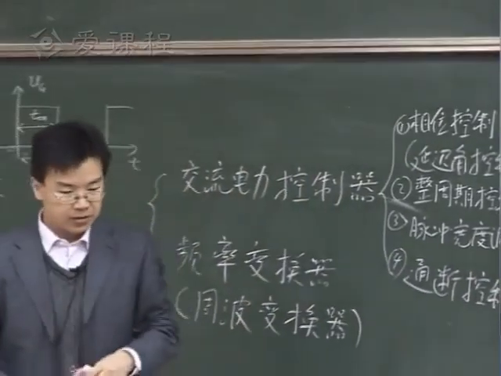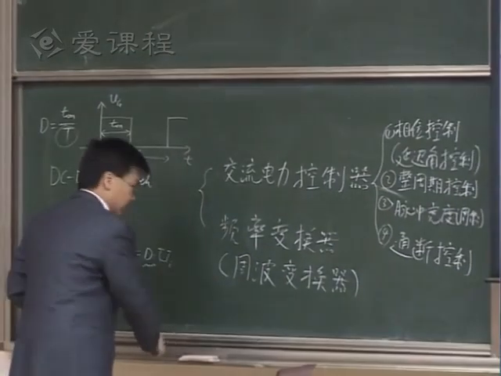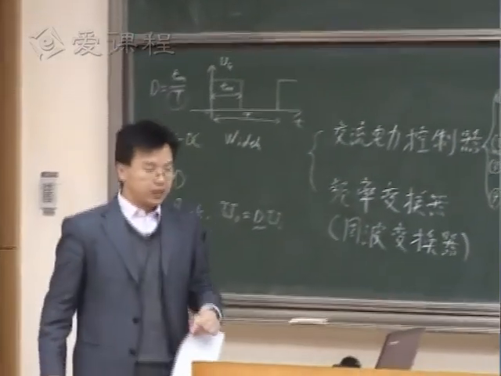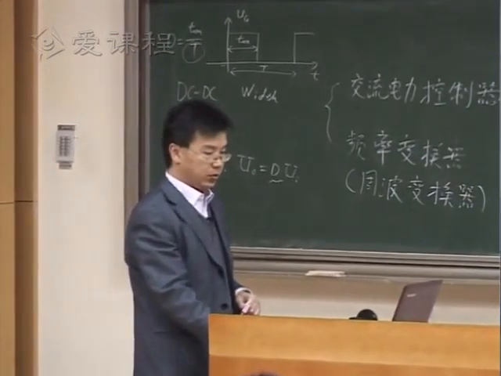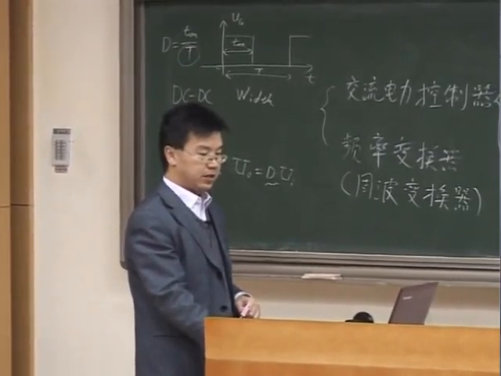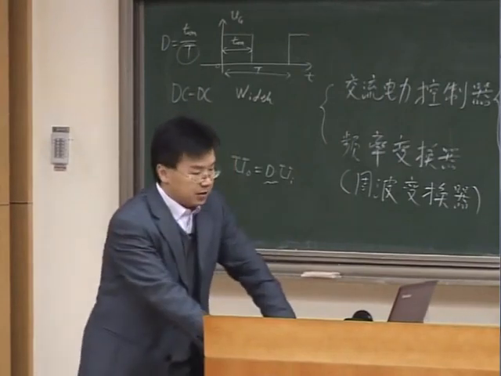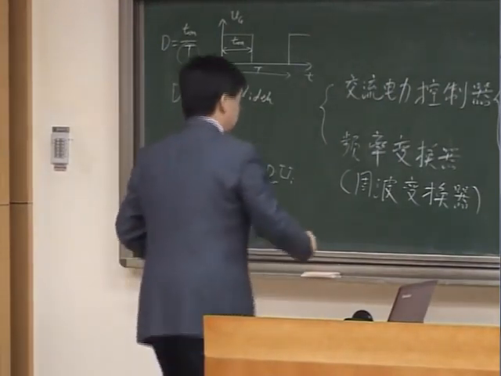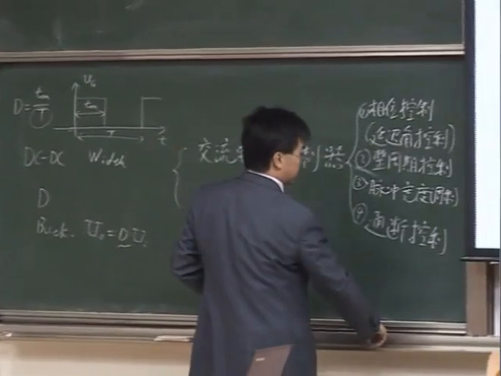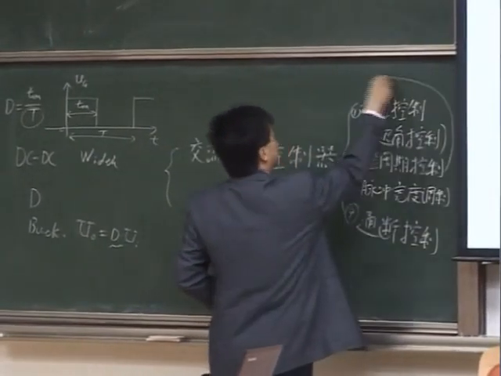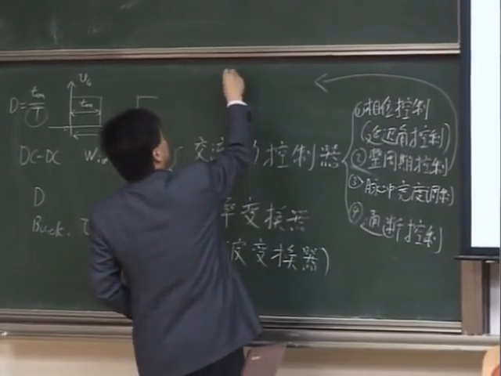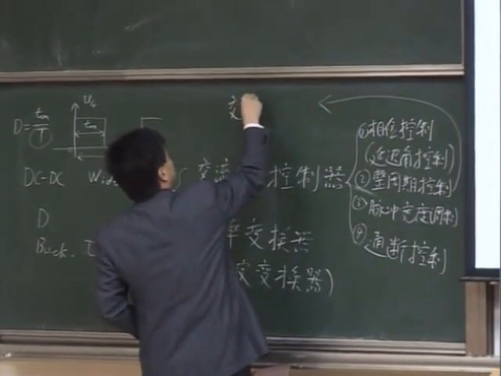When an AC controller is employing integral cycle control, we have a very special name for that. It's also called AC power controller. We have a special name for integral cycle controlled AC controller, which is called AC power controller.